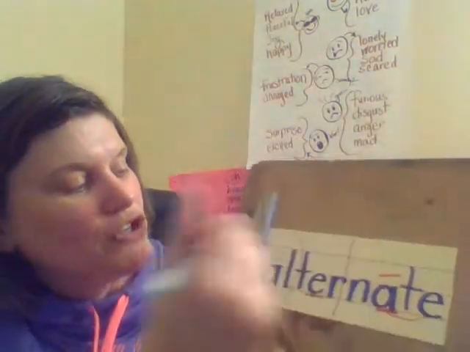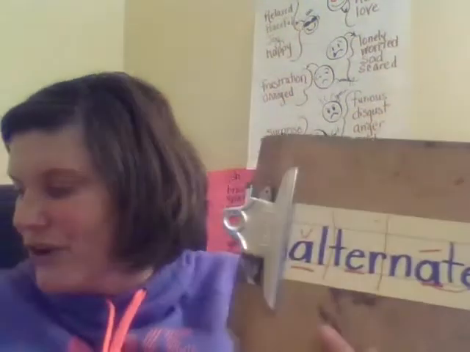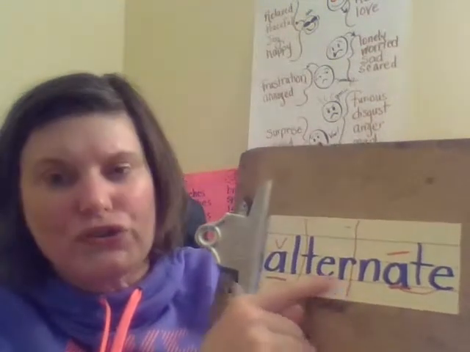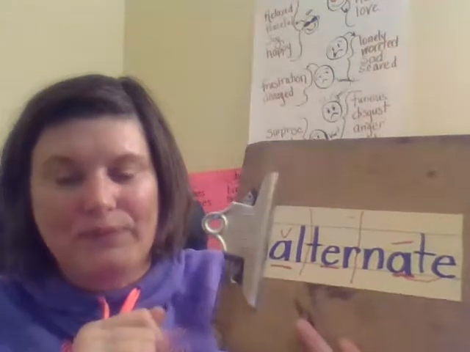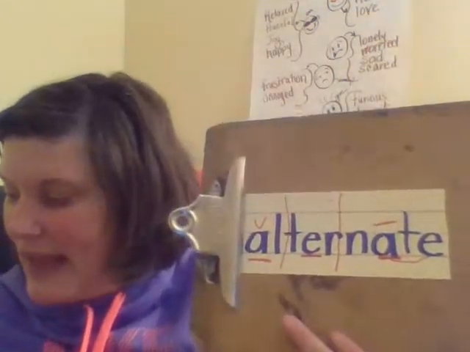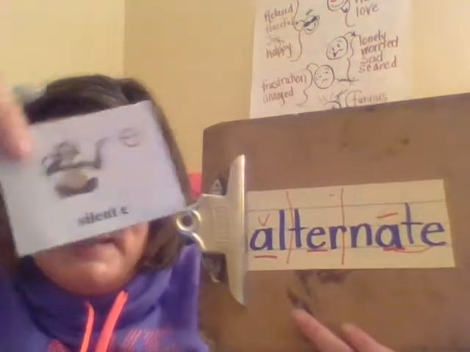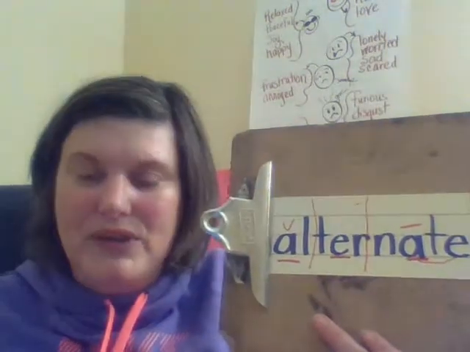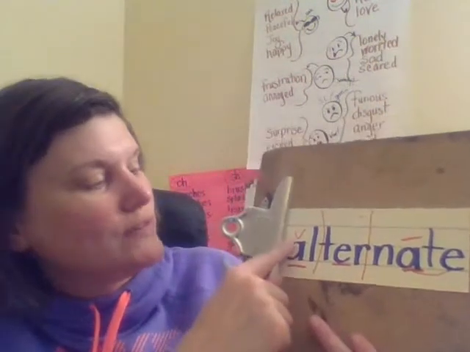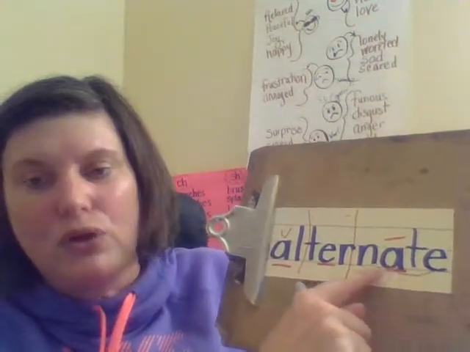So we know it is a short vowel sound. Here we have the R-controlled syllable. So that R distorts the sound of the E. And then the last syllable we already said is the silent E syllable type. So this will be a long A. So short vowel, R-controlled vowel, long A.